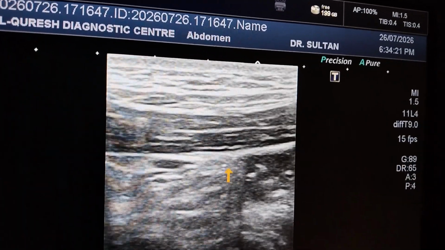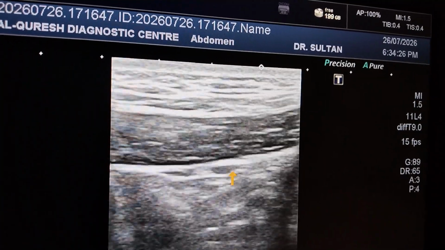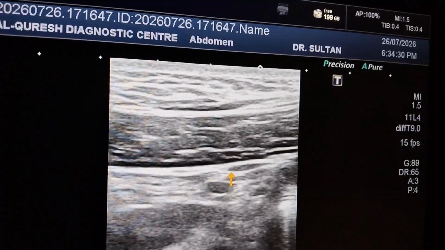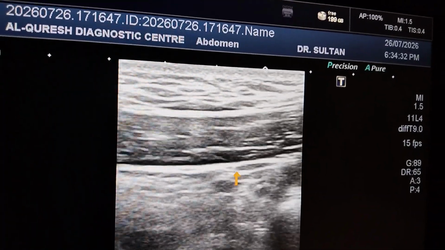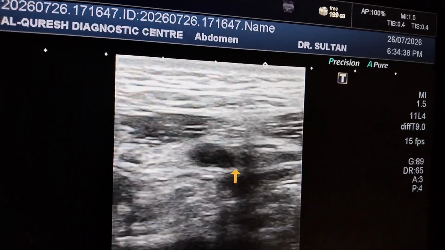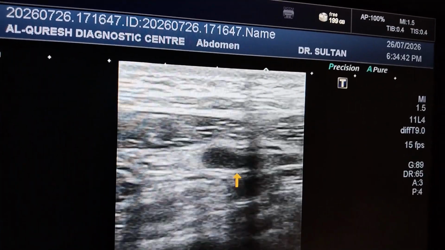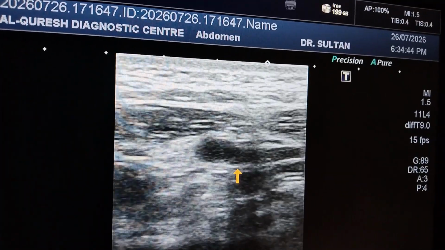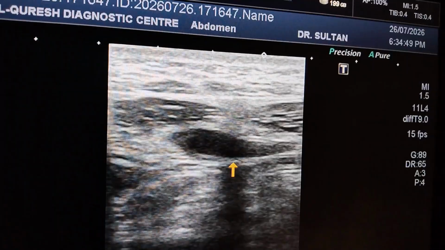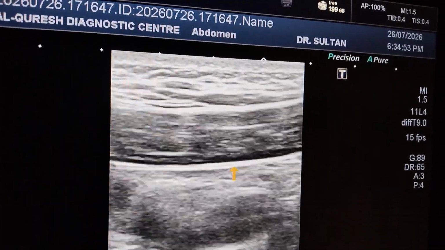So normally in fetal life the urachus is patent between the urinary bladder and the umbilicus, and after birth it obliterates, closes, and becomes the median umbilical ligament.